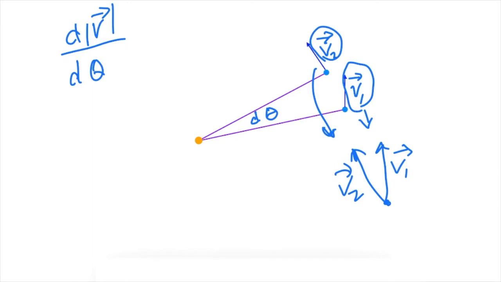Now that we're in vector space, dv is simply the difference between v1 and v2 when theta approaches 0, or what we might call d theta.